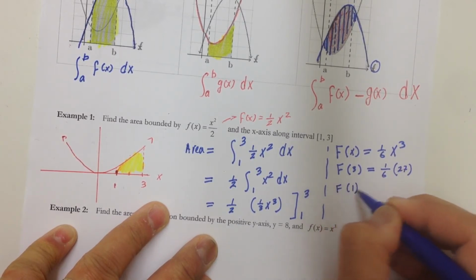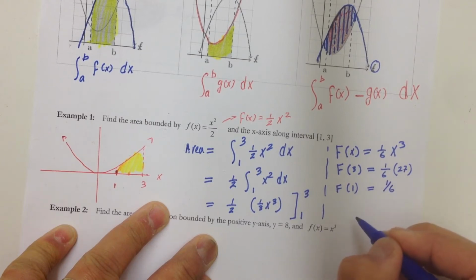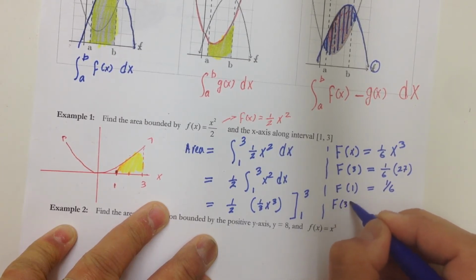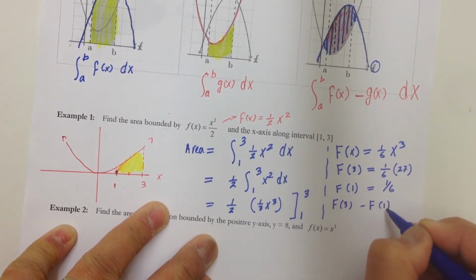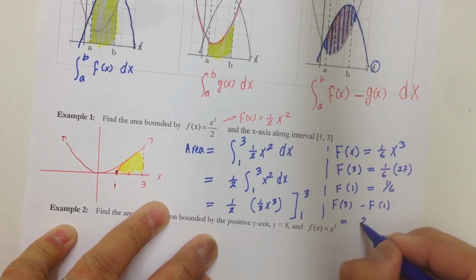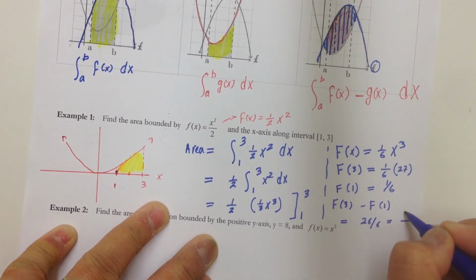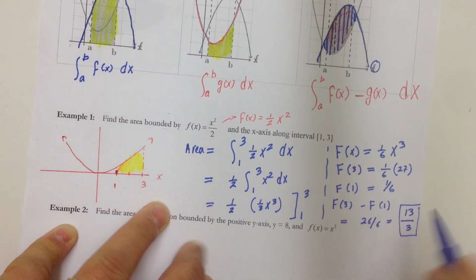When we evaluate it at 1, we get 1 over 6. Taking their difference, 27 over 6 minus 1 over 6 gives us 26 over 6, which reduces to 13 over 3, and that's the area under that curve.